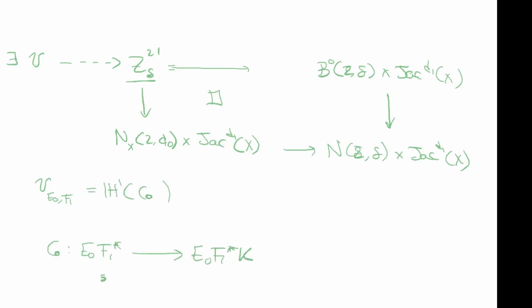It sends a section of E0 F1 dual to 0. I mean, this is just a 0 complex. And then the component of type delta to 1 is birational to the projectivization of this bundle. Okay. Are there any questions?